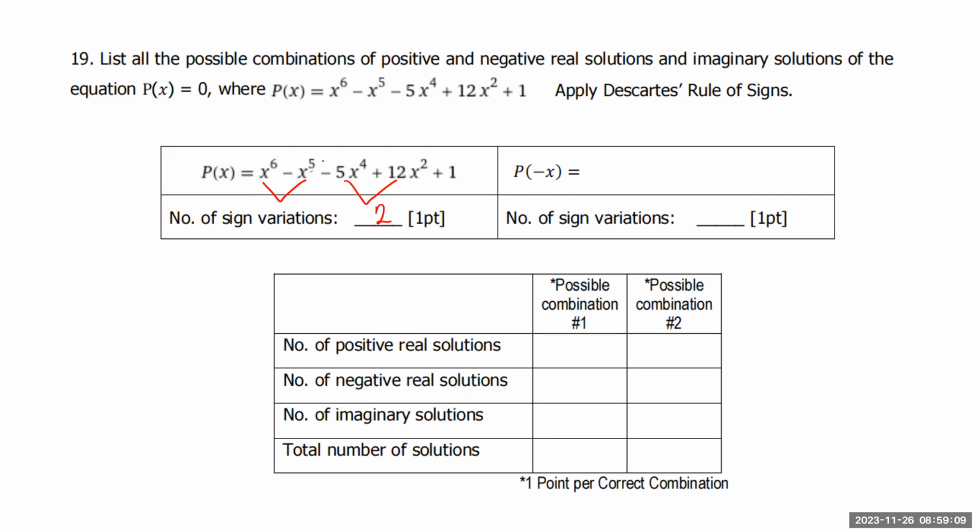All terms with odd degree, we change the sign. For even degree, just retain the sign. So x raised to 6, retain the sign. X raised to 5, flip the sign. Even degree, retain the sign. Even degree, retain the sign. Then retain the sign. So how many sign variations? 1, 2.